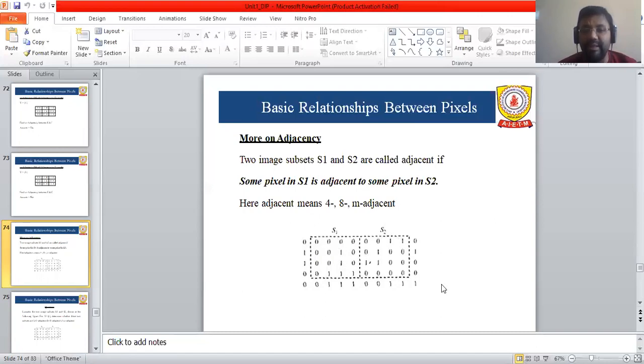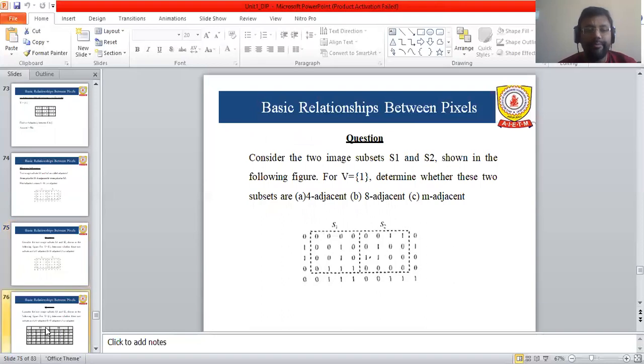Here we can see the adjacency between these pixels. We take this and separate it into two parts, S1 and S2, and these are called adjacent if some of these pixels are adjacent to pixels of S2.